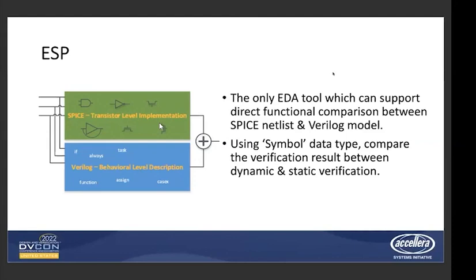This tool is the only EDA tool which can support direct functional comparison between a SPICE netlist and a Verilog behavior model without using SPICE simulation. Therefore, Samsung Foundry has been using the ESP verification flow as a solid and reliable verification tool since 2017.